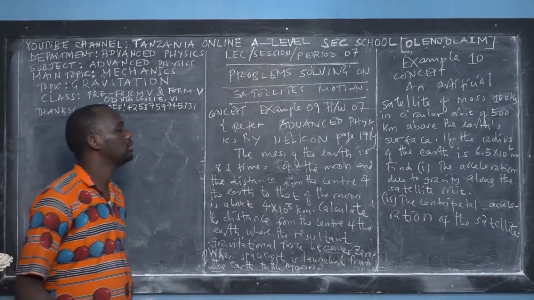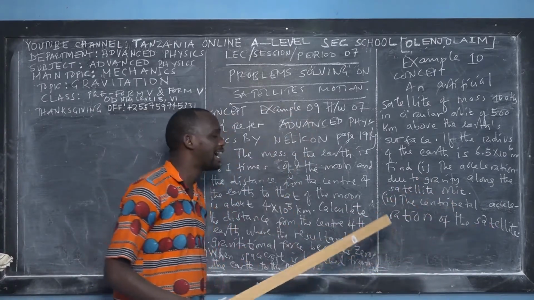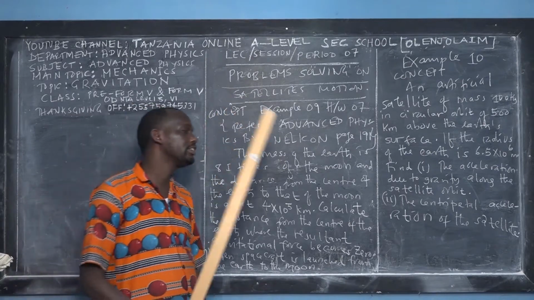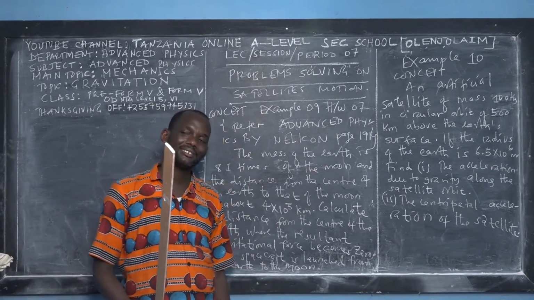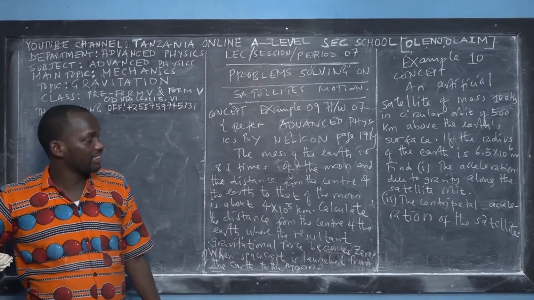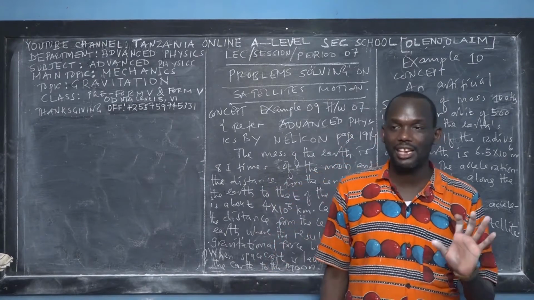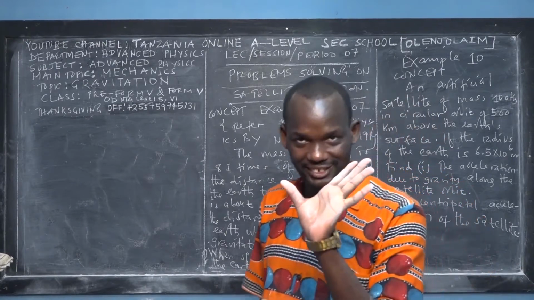Be careful. Roman 2, the centripetal acceleration of the satellite, not centripetal force. Be careful. We've been singing a chorus known as centripetal force. No, the question asks you for centripetal acceleration.